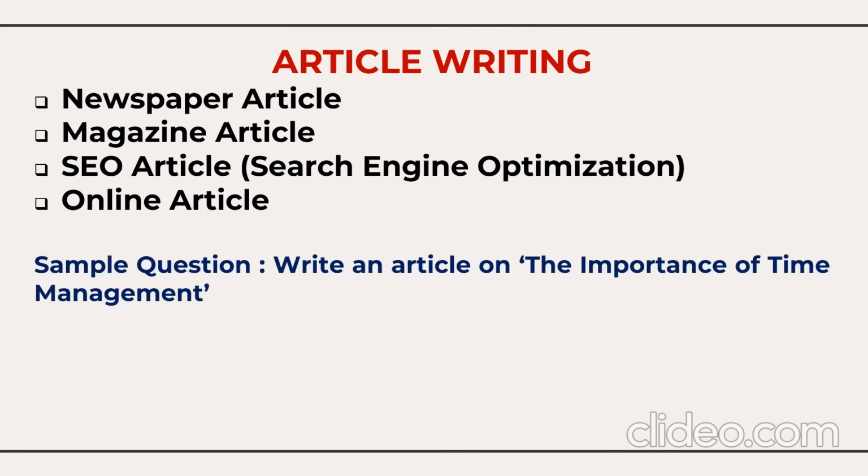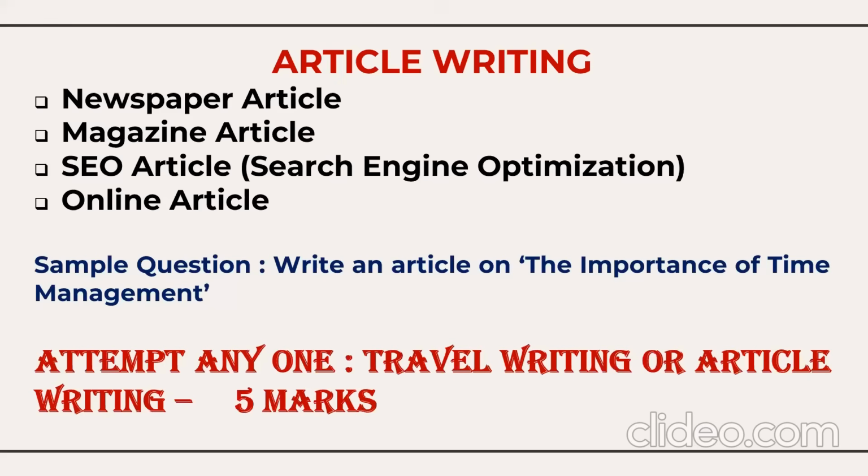So need not worry. In this section, again, you have a choice. If you don't like to write an article, you opt for travel writing. If you want to opt for travel writing, you can. If you want to opt for article writing, you can. So you have a choice to attempt either the question from travel writing or the question from article writing.